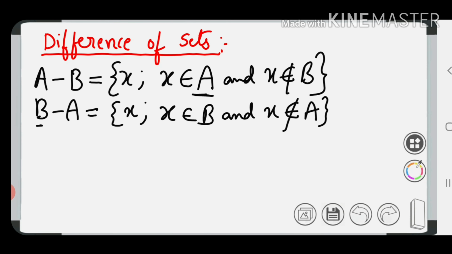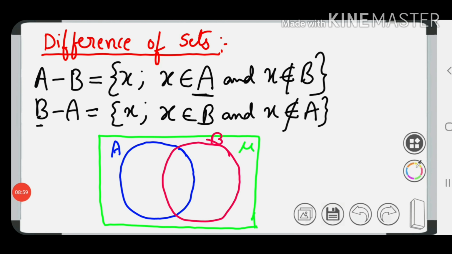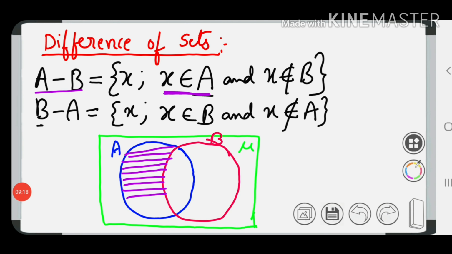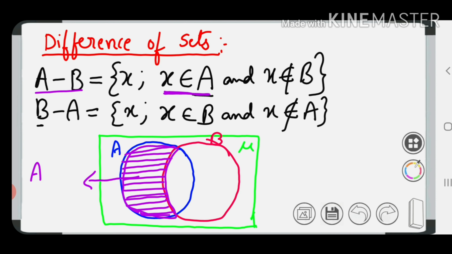Now we will see the areas of A minus B and B minus A in the Venn diagram. If A and B are two sets, like this we get the Venn diagram. A minus B means we have to take that area that belongs to A but does not belong to B. So this is our B set. So we have to take A which does not touch this set. That means this shaded portion we will get. This portion represents our A minus B area.